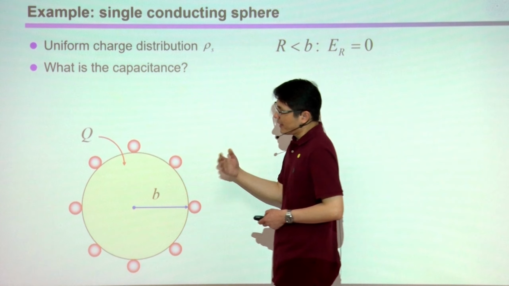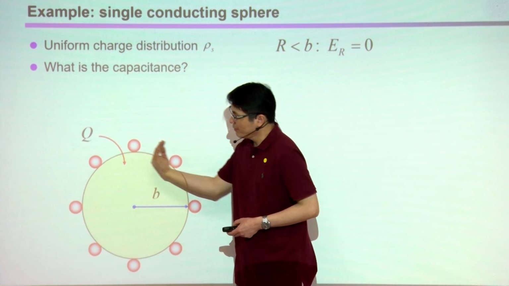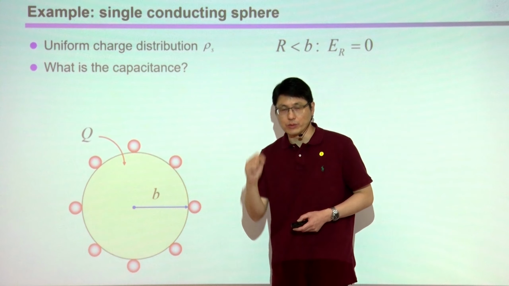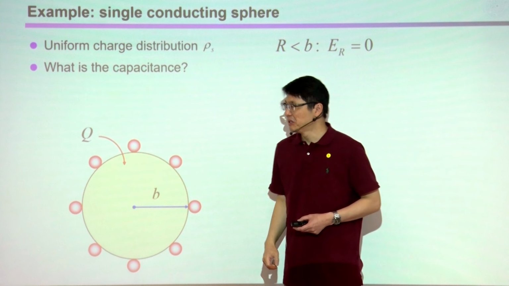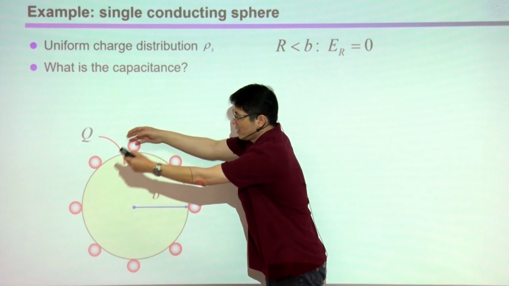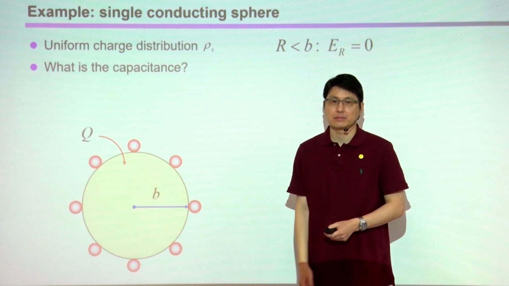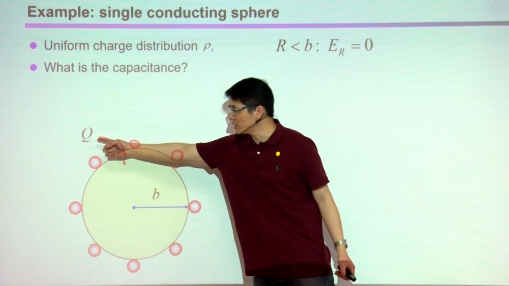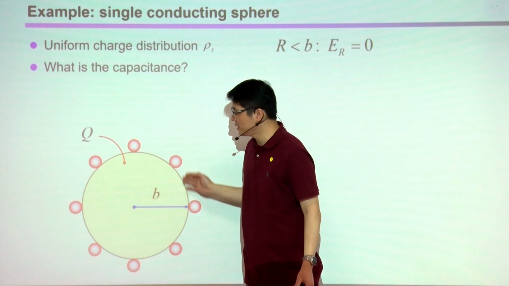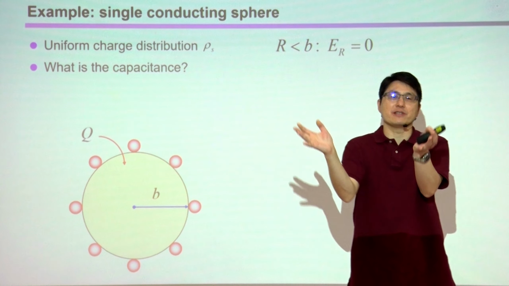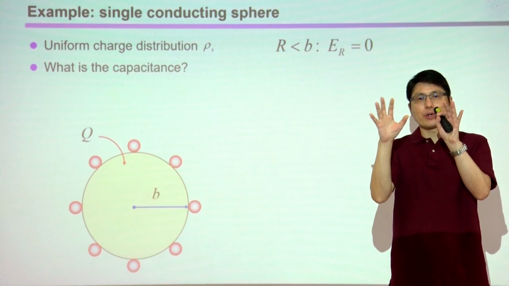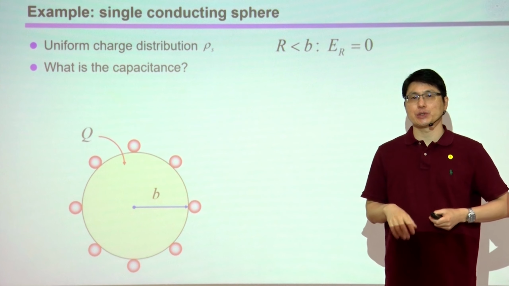So if we have a simple metallic sphere, a single one, okay, with a radius of b, so if I deposit lots of charges onto it, or just a single charge, but now it's uniformly distributed, so this sphere surface is having a uniform surface charge density.